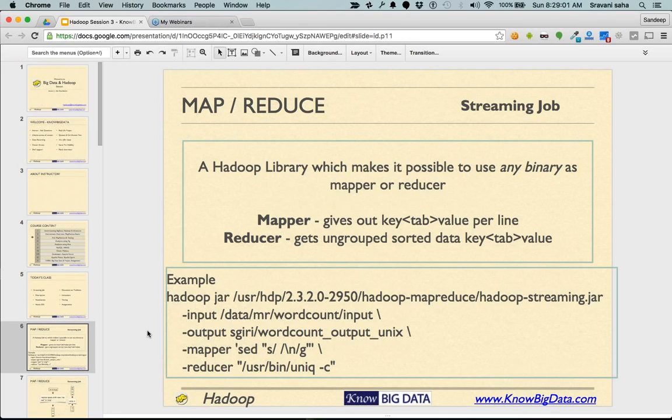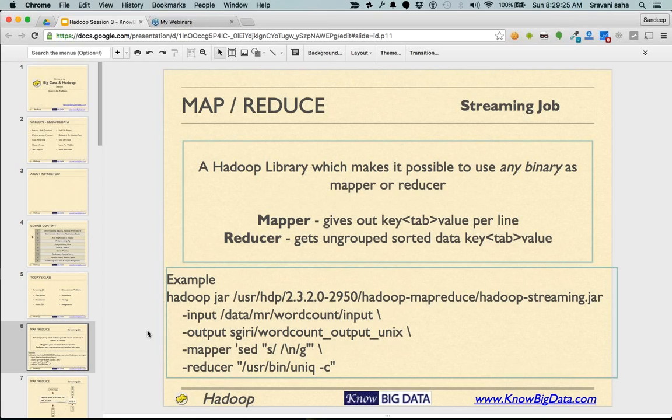Second, the reducer will get the data which is ungrouped, which is only sorted. That is a design decision, because Hadoop streaming was supposed to work like Unix pipes, and therefore giving out everything in an ungrouped manner was easier. So what exactly is a streaming job?